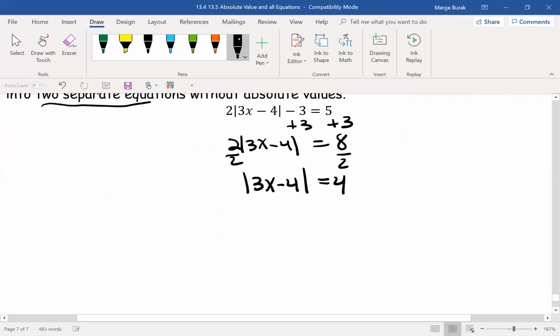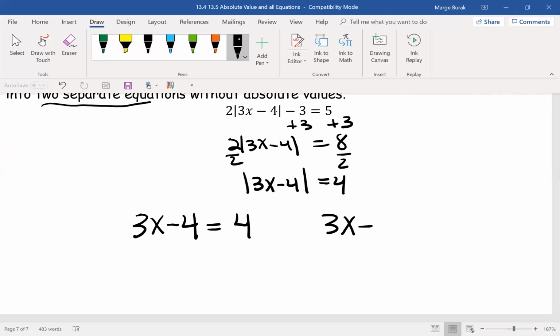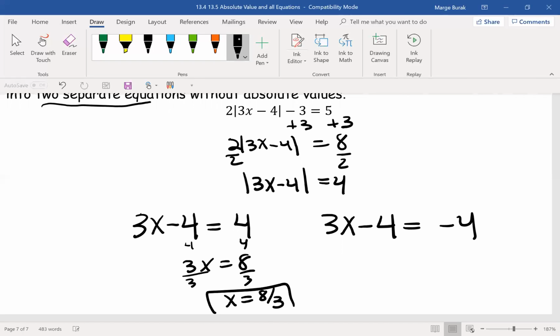Okay, so now I can take the argument 3x minus 4 and set it equal to a positive 4, and 3x minus 4 and set it equal to a negative 4. All right, and then we'll solve this algebraically, and we'll get x equals 8/3. And if we add 4, we get 3x equals 0 or x equals 0.